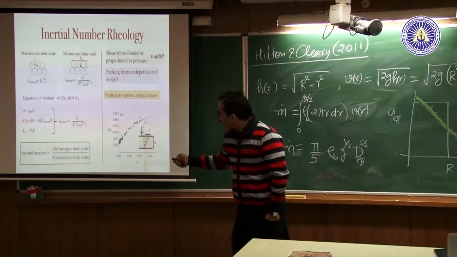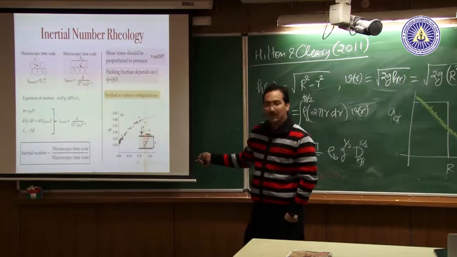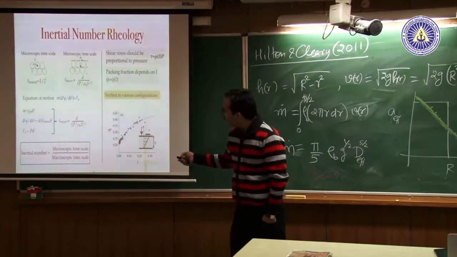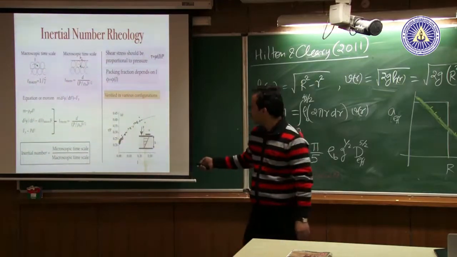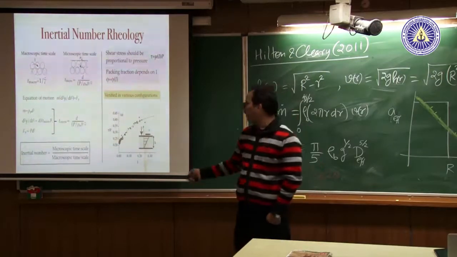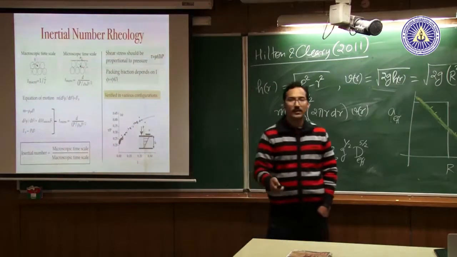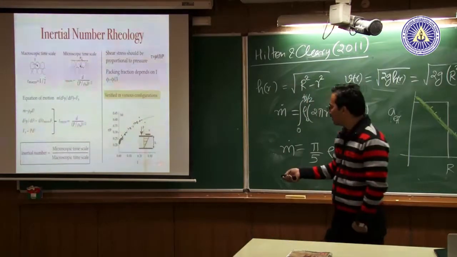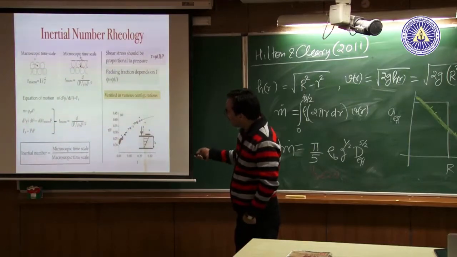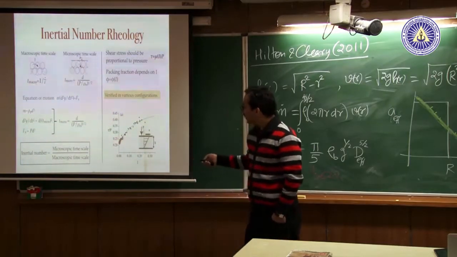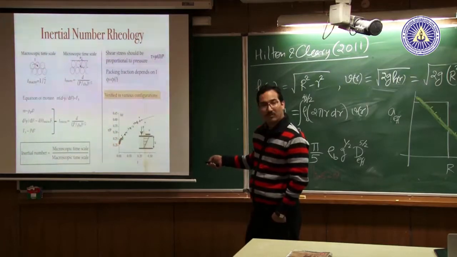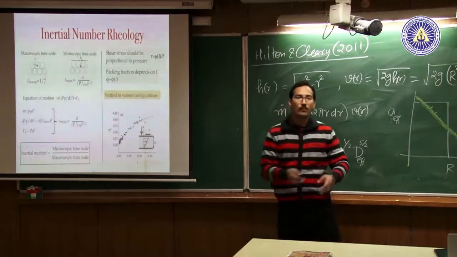What you are plotting here, from simulation results and also some experiments, is the shear stress to pressure ratio on the y-axis as a function of this non-dimensional number, which is gamma dot times particle size divided by the square root of confining pressure over density, and you see some non-linear variation in this effective friction coefficient. Your effective friction coefficient is rising from a minimum value, which is probably what you would expect.